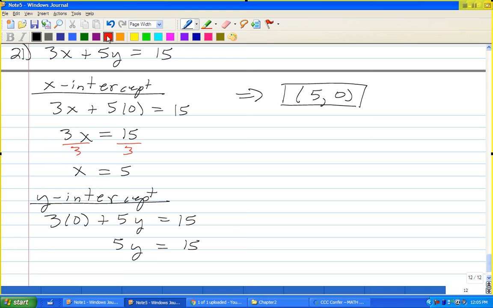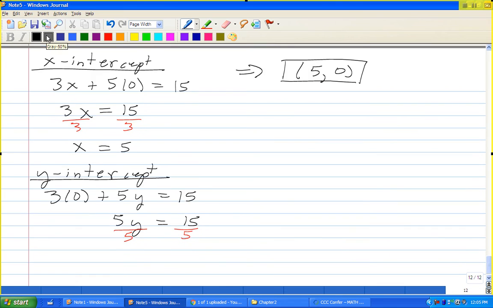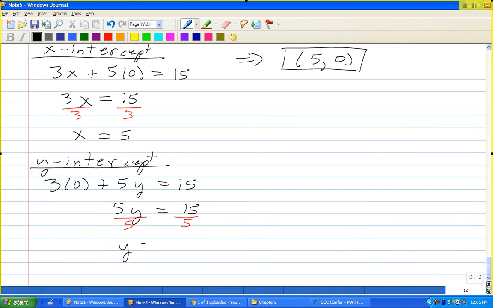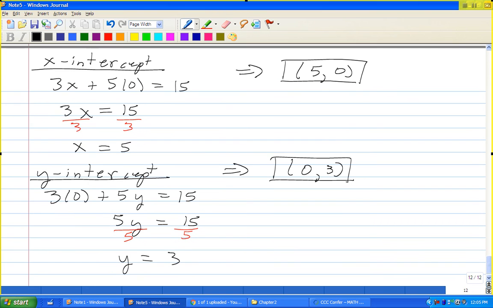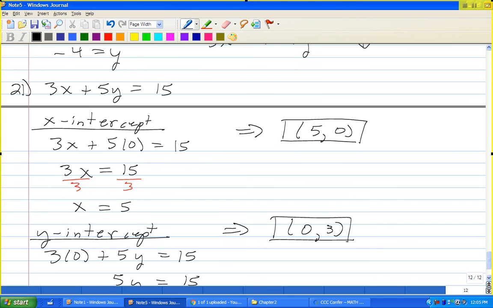Divide both sides of your equation by 5. And so we get that y is equal to 3. So the y-intercept is at 0, 3. So I have one x, one y-intercept. Let me do problem number 23.